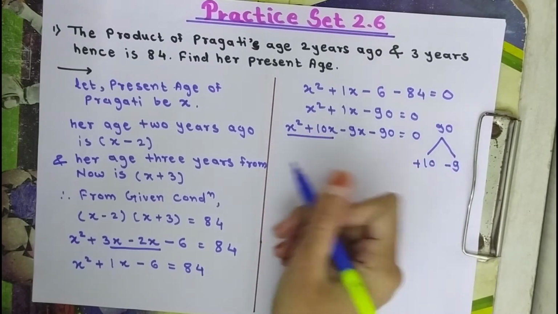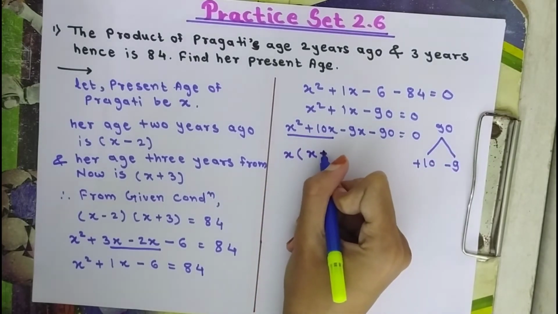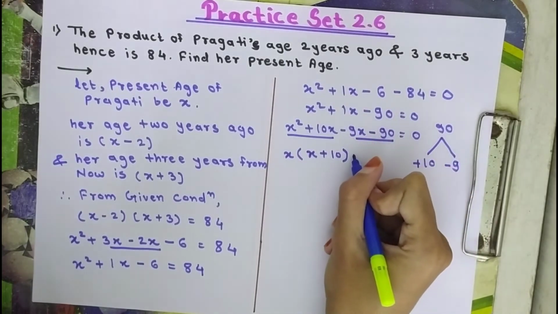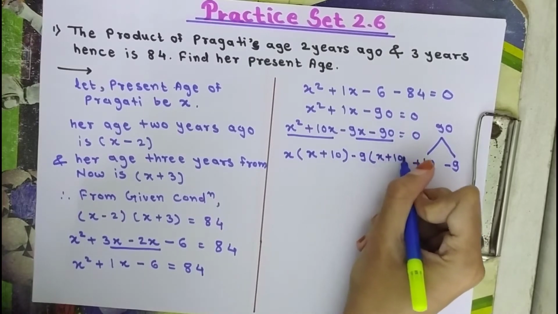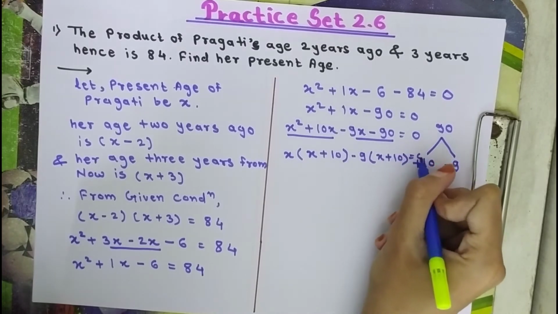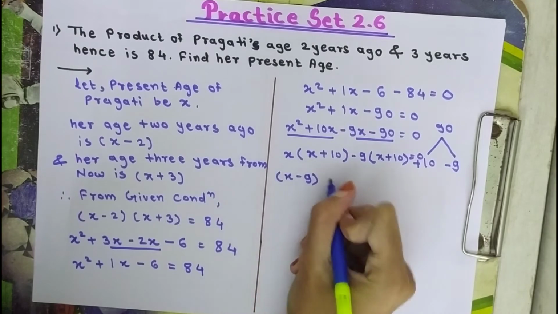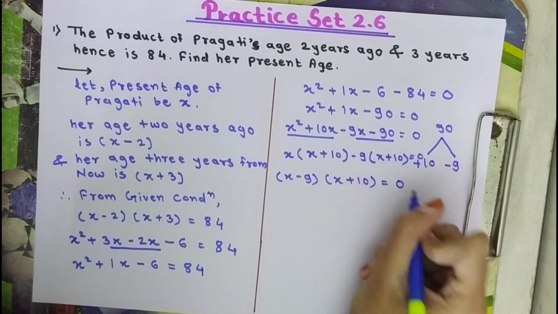So from this, what is common? x is common, and x plus 10. And from this, 9 is common, minus 9, and in the bracket x plus 10. We take minus common, right, so here write plus. It is equal to 0. So (x minus 9)(x plus 10) is equal to 0.